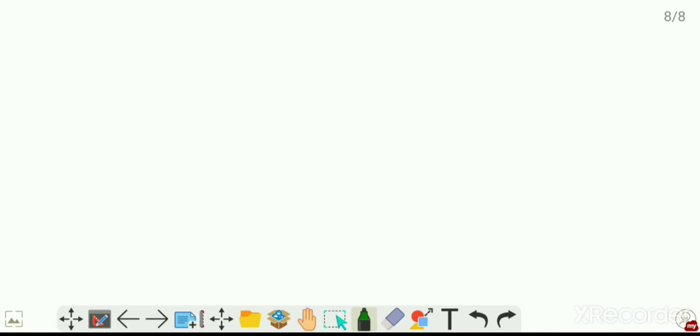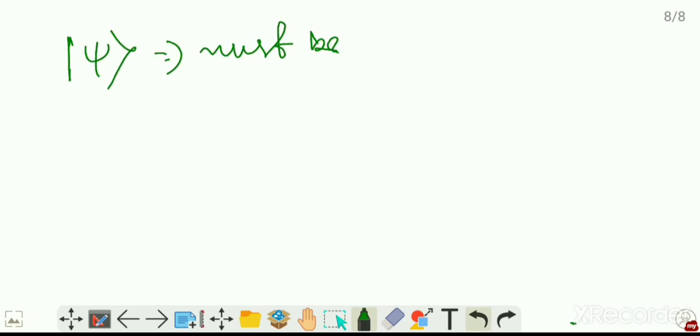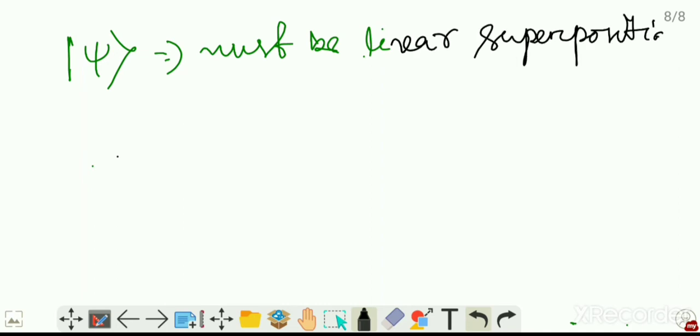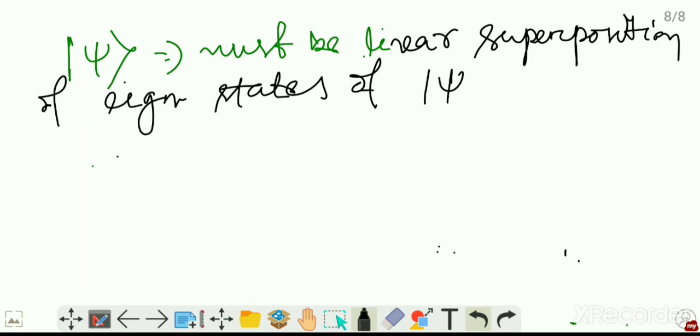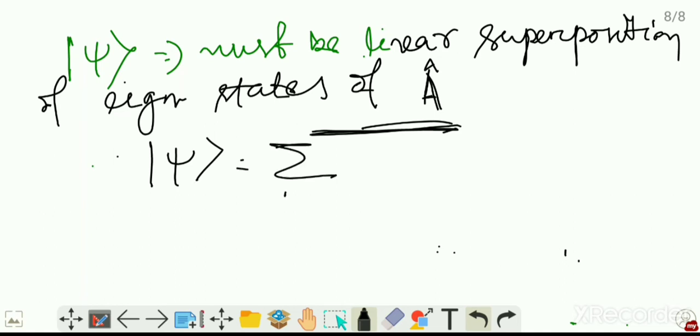Now the state psi, represented by the state vector, must be a linear superposition of eigenstates psi n of A cap. That is, any state must be a linear superposition of eigenstates of A. We can write psi as the sum over n of c n into psi of n, and so on.